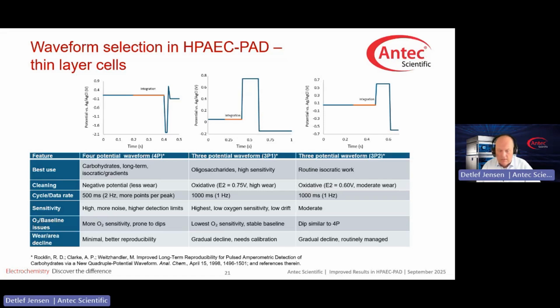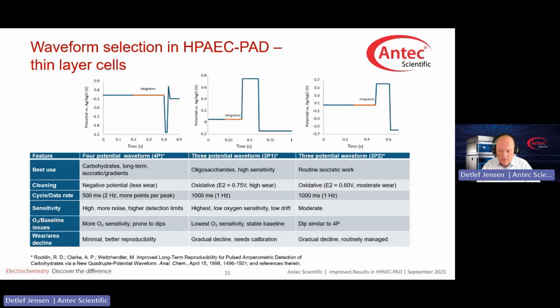Then there is the traditional 3-potential waveform, 3P2, the best option for routine isocratic work with an oxidative cleaning potential of 0.6 volt, which causes moderate wear of the gold electrode. Now, when comparing the duration of the waveforms, you see 500 milliseconds for the 4-potential waveform and 1,000 milliseconds each for the 3-potential waveforms.